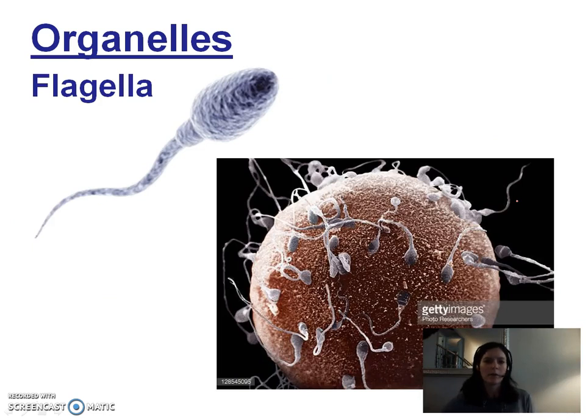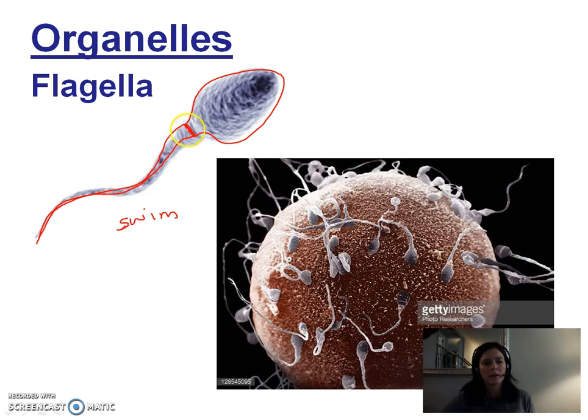Flagella, another reproductive example for you. Flagella, or a flagellum, is a single structure that's found on particular cells. This is an example of a sperm that has a long flagellum on it. The flagellum allows this cell to swim.